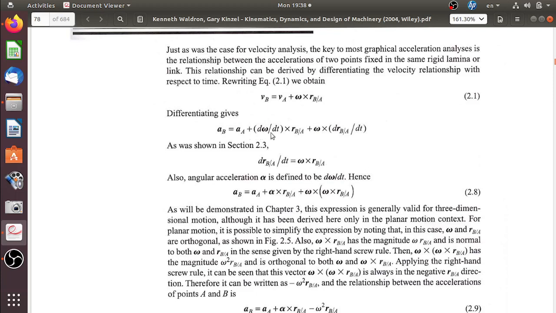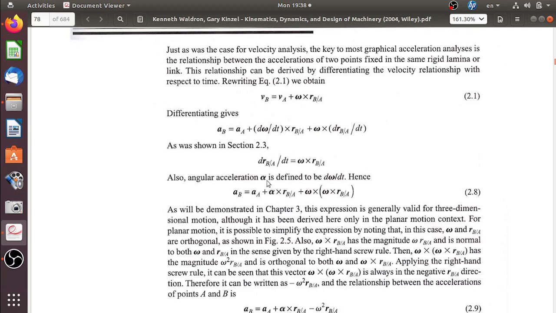And what about this term, d omega by dt? For this, I am going to define a new term called angular acceleration, which represents the rate of change of angular velocity, and that's once again a vector.